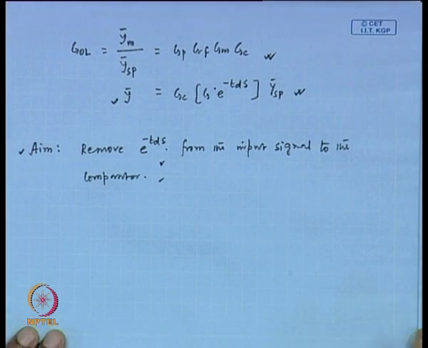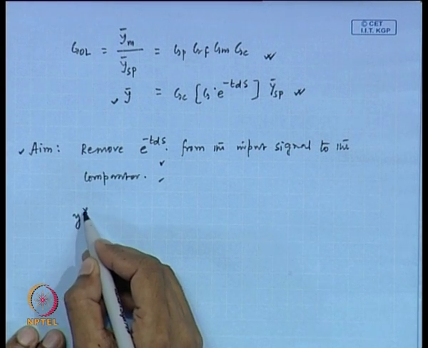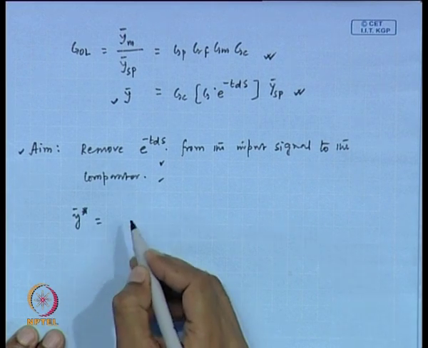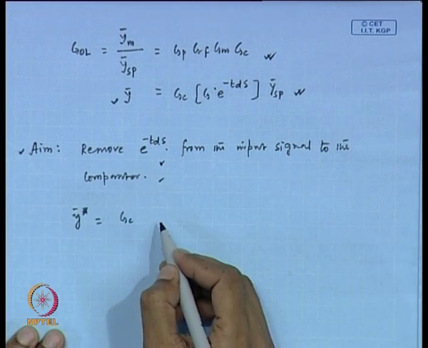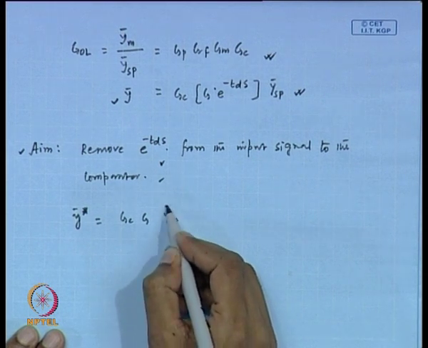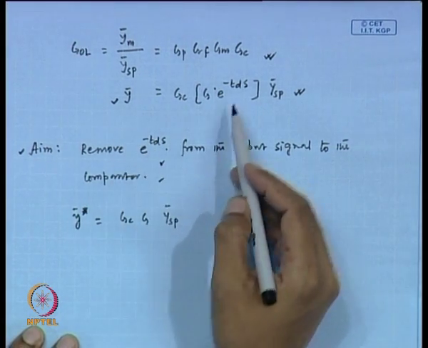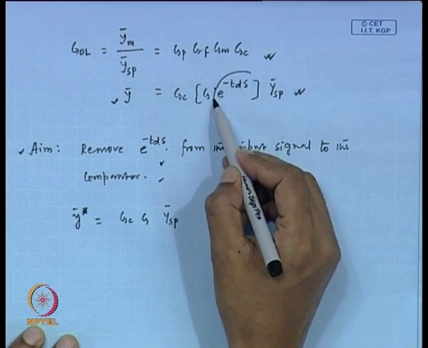Fine. So, ideally the response should be Gc, Gs, y set point bar. Agree? The actual response includes this dead time part.